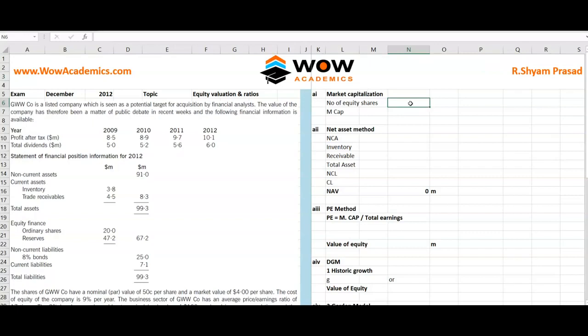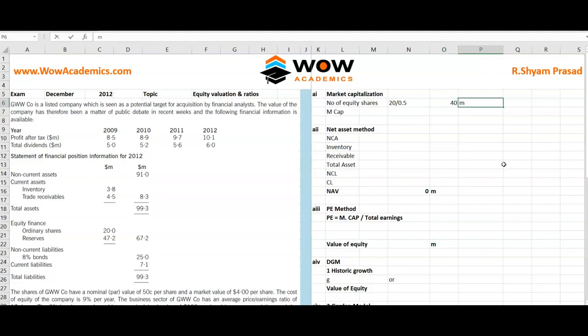For market capitalization, we need the number of equity shares to do it. So first we'll start from the book value. There are 20 million shares and each share is worth 50 cents. This will give us the total number of shares.